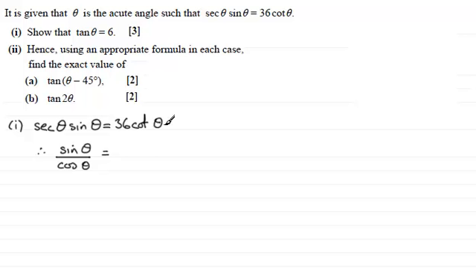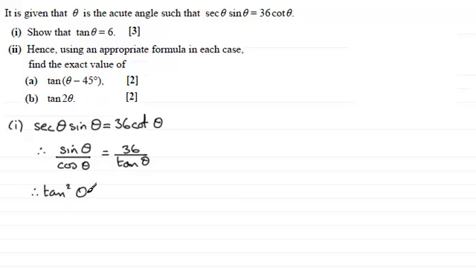And cot theta is 1 over tan theta, so 36 multiplied by 1 over tan theta is going to give me 36 over tan of theta. Now, I said that that was tan of theta, so if I multiply both sides by this tan of theta, we're therefore going to have tan theta times another tan theta.